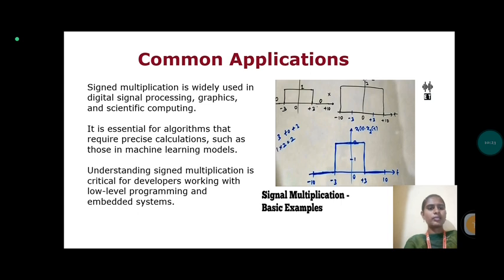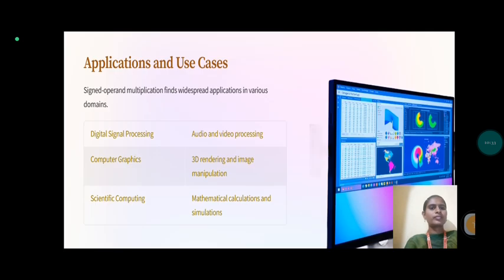Understanding signed multiplication is critical for developers working with low-level programming and embedded systems. And the applications and use cases of signed operand multiplication: digital signal processing, audio and video processing, computer graphics, scientific computing, 3D rendering and image manipulation, mathematical calculations and simulations.